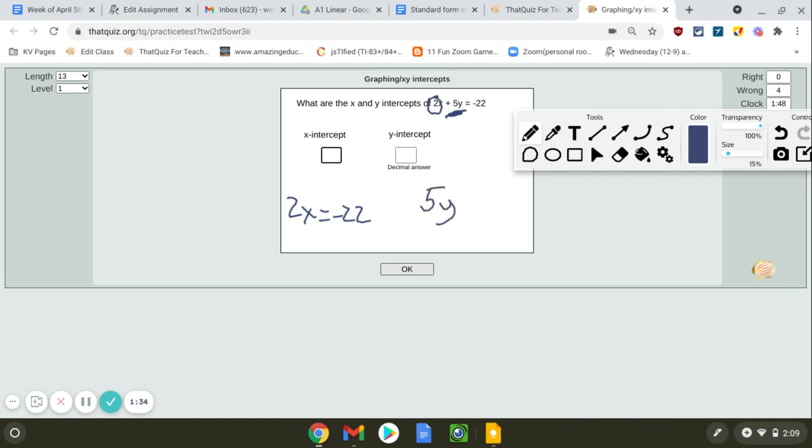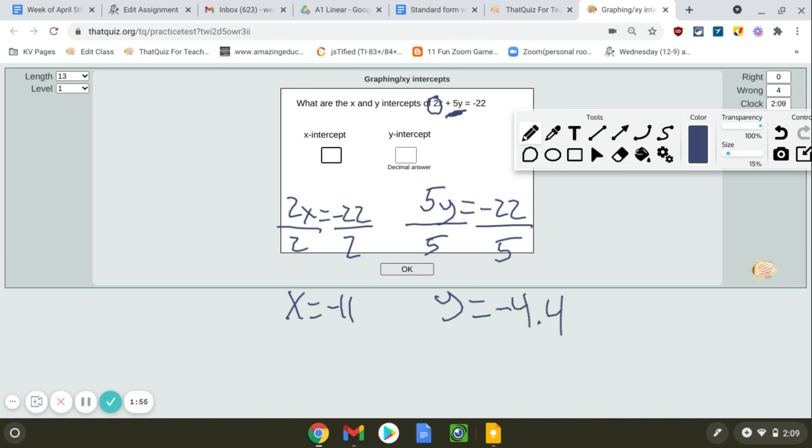So your other equation is going to be 5y equals negative 22. Just divide these out. Divide by 2 on this one, and you're going to get x equals negative 11. And on this one, you're going to divide by 5, and that's going to be y equals negative 4.4. All right, awesome.